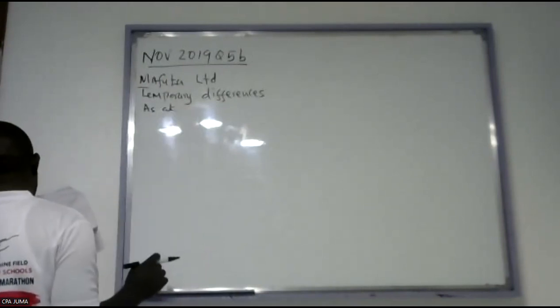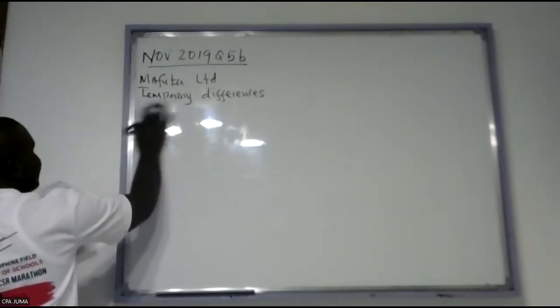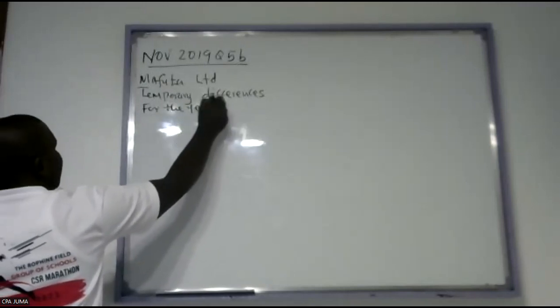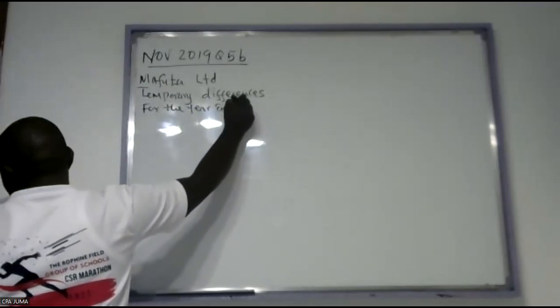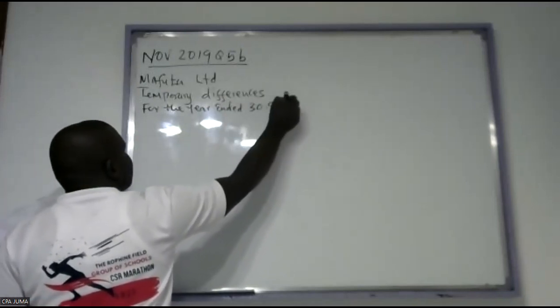Now which year is this? For the year ended, actually, this one should be for the year ended 30th September 2019.